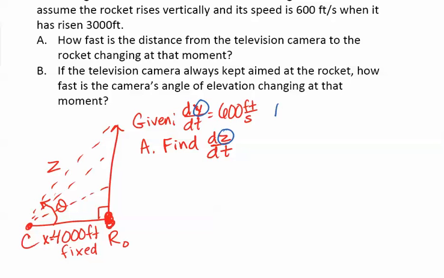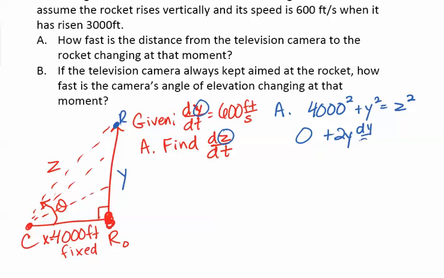So for part A, our static formula will be the Pythagorean theorem. 4,000 squared is one side of the triangle, and our y-coordinate is the vertical side, which is changing as the rocket rises, and z is the hypotenuse, the changing distance between the rocket and the camera. So when we do our differentiation, the derivative of 4,000 squared will be 0.